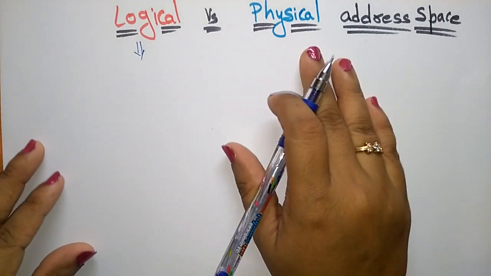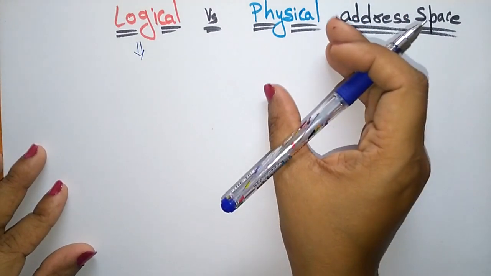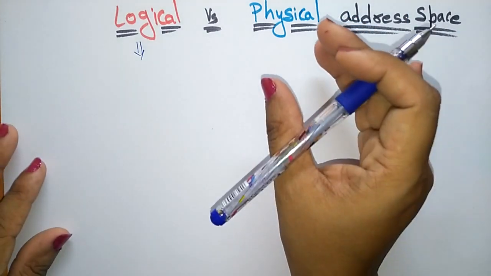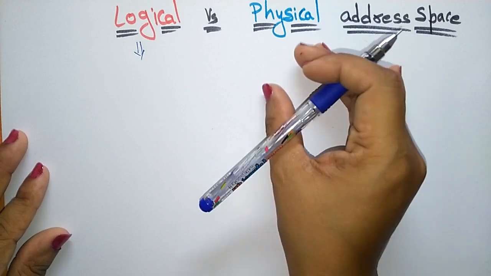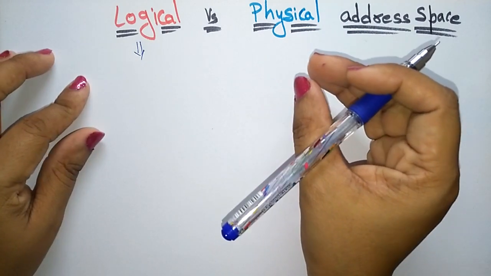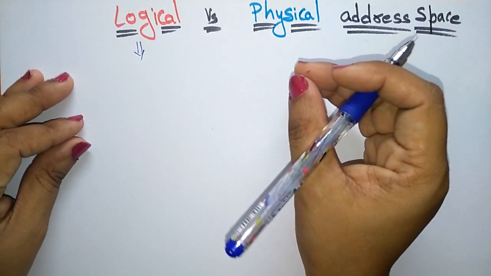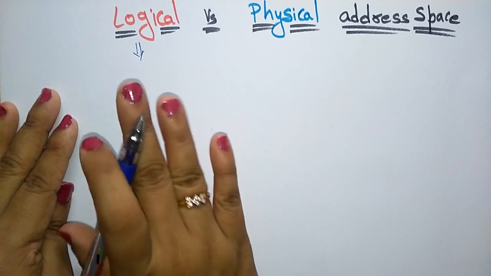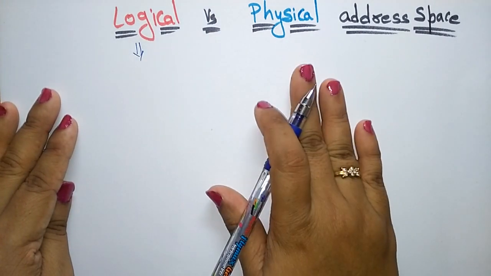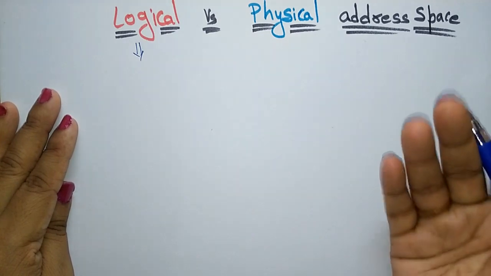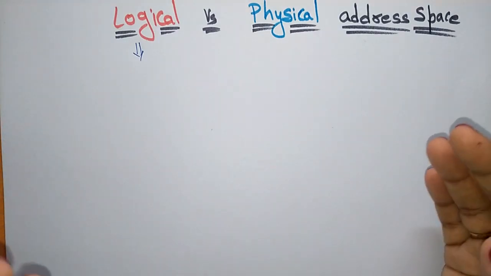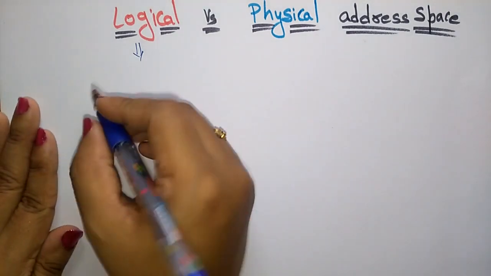That is the physical address space. So the physical address space is an address generated by the memory unit, whereas logical address space is generated by the CPU. The logical is just an illusion, whereas the physical is a memory unit which you have seen.